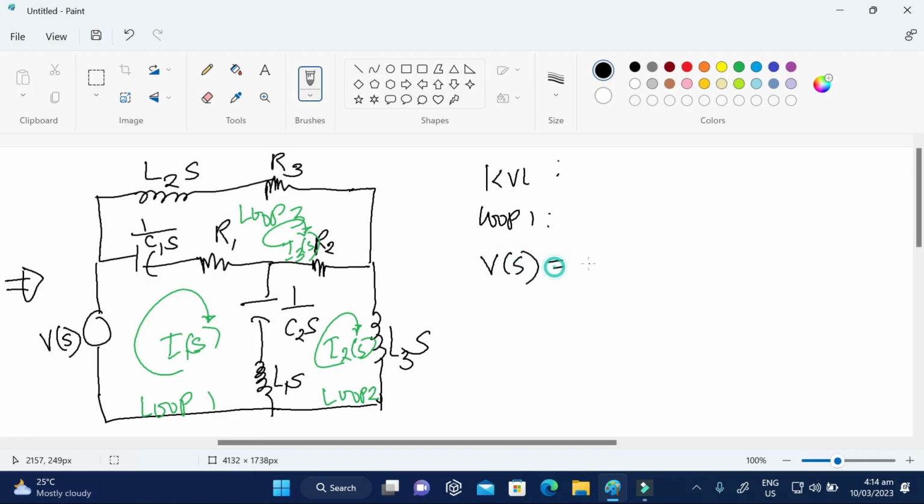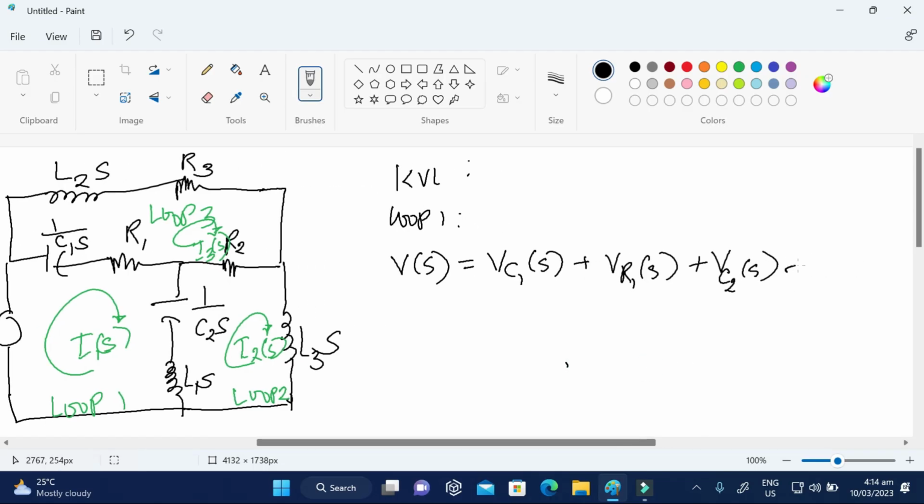That will be equivalent to the voltage of C1S plus the voltage of R1S, plus the voltage of C2S, plus the voltage of L1S.